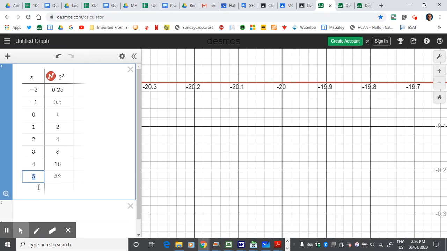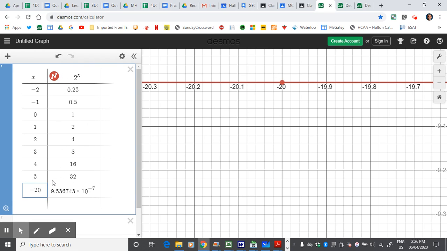So if I went back to check into my table and say, what's the value of that function at an x value of -20, you'll notice I get a really small value because of that negative exponent in scientific notation, but I don't get 0. My graph will never get down to a value of 0 because I can always take half of something.